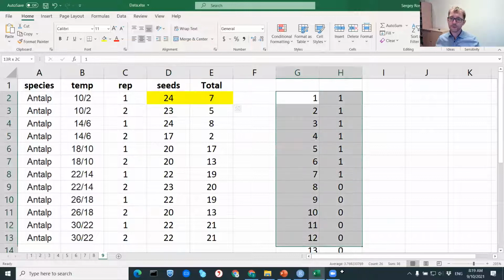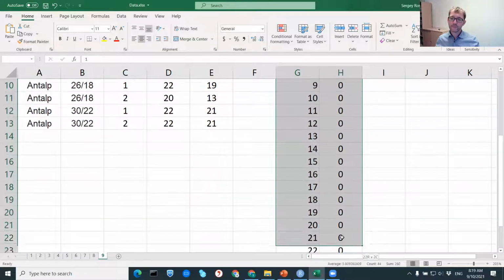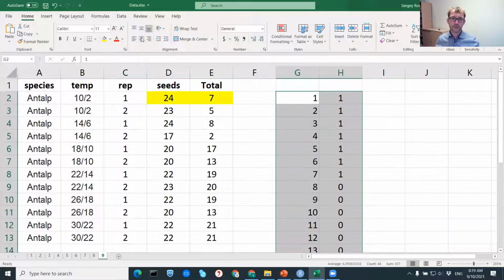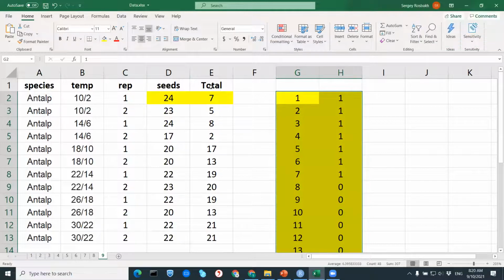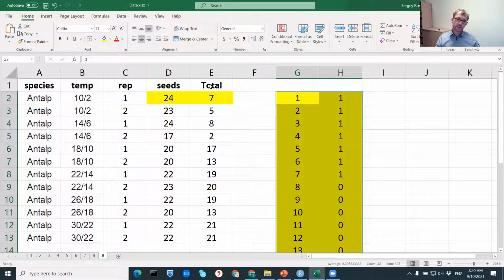So instead of using averages per Petri dish, I move from proportions to binary data. But this is the discussion that we had this morning with Adrian. Yeah.